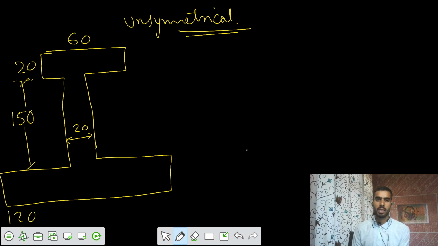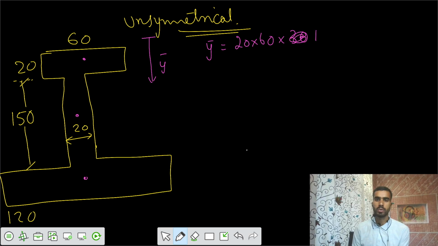So let's take the neutral axis from the top at a distance of y bar. So neutral axis would be at y bar. So centroid 1, centroid 2, centroid 3. I can write that would be equals to 20 into 60 into this centroid is acting at 20 by 2, that's 10.